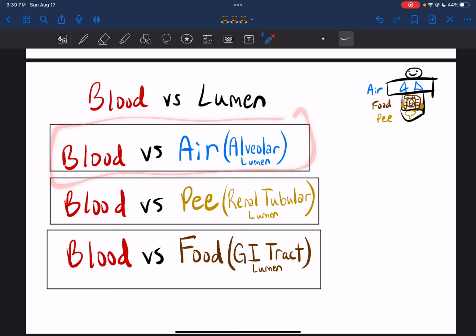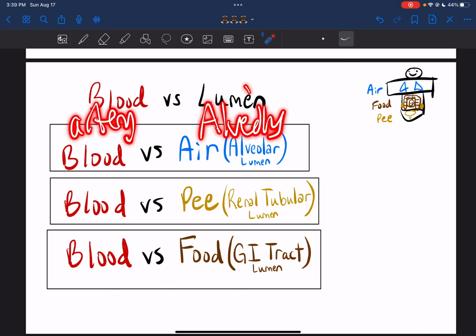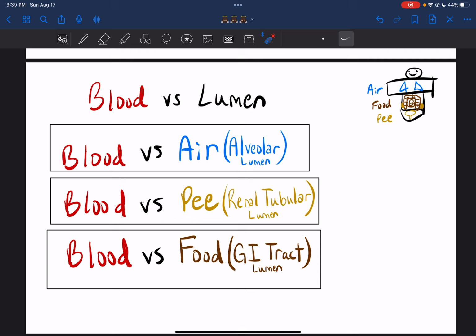Blood versus air just means that in PULM, the two sides are the bloodstream versus the alveolar lumen. So there's a lot of terms that we use for this, like the A-a gradient, meaning the gradient between the alveolus and the artery, right? Air, blood.